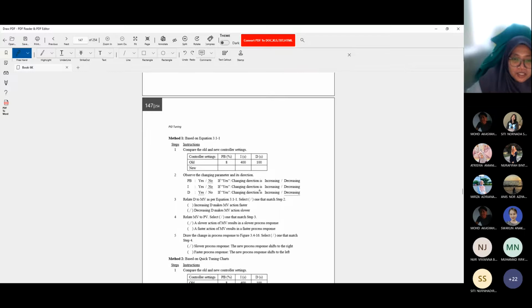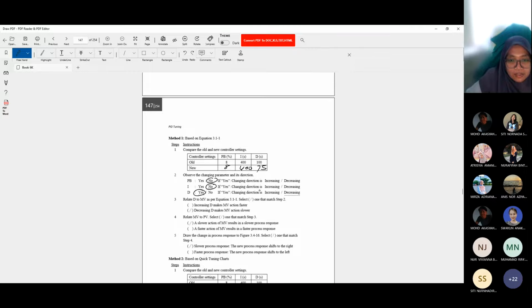Okay, so di sini kita start dengan equation based on equation 3.11. So step number 1, the new one is PB and I remain the same. The D is decreased to 75 second. So this one, PB no, I know, D yes.